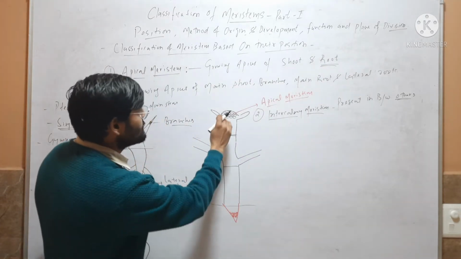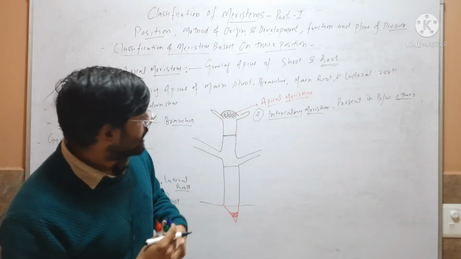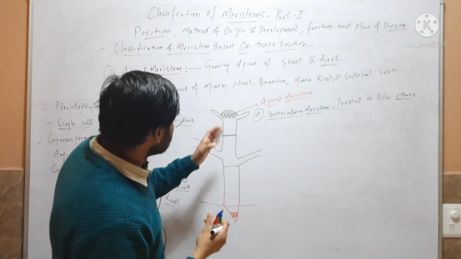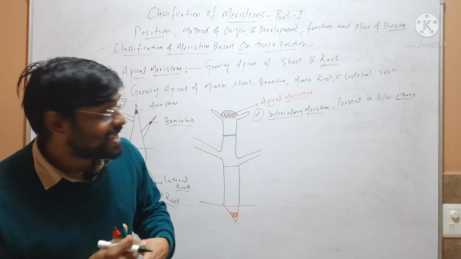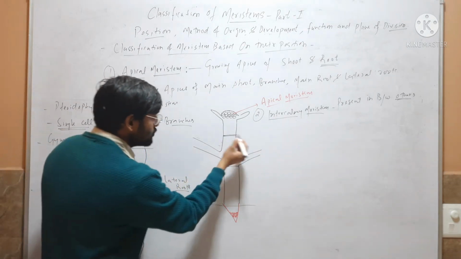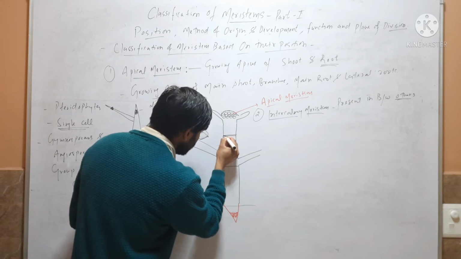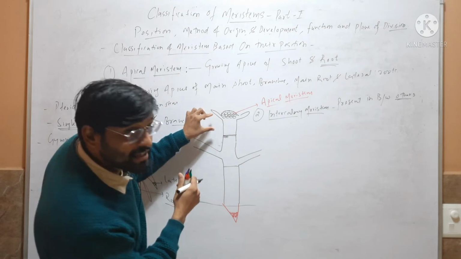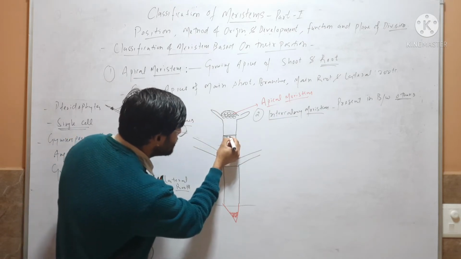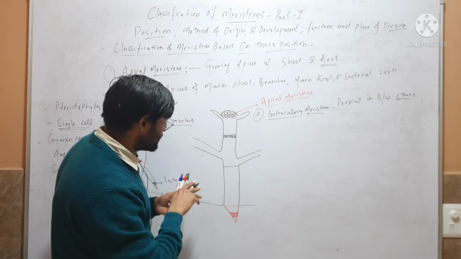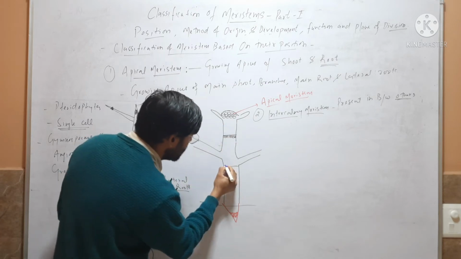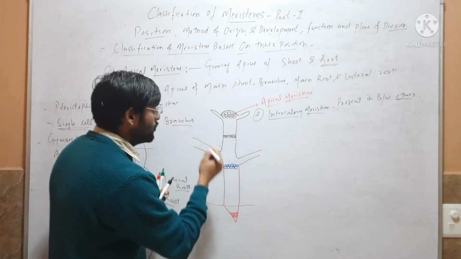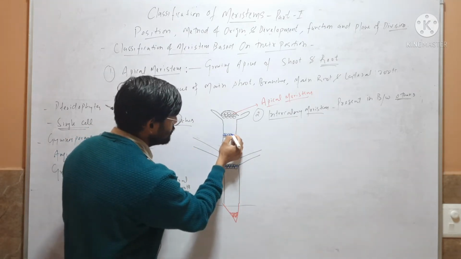So when apical meristem divides and forms cells, and then these cells are differentiated into permanent tissue, then some cells remain undifferentiated. Suppose when apical meristem was there and it divided, it formed this part and this part is differentiated, then some cells here remained undifferentiated, here and also here, and they have capacity to divide.